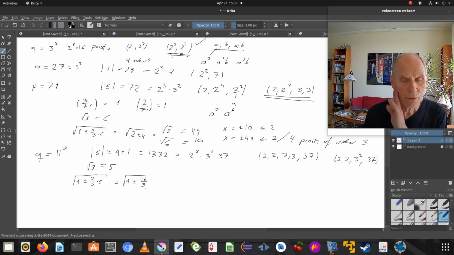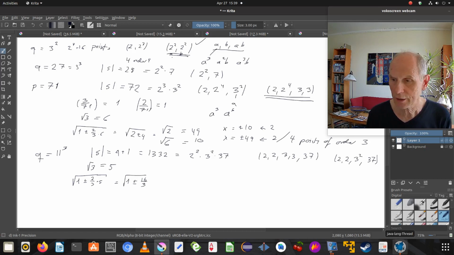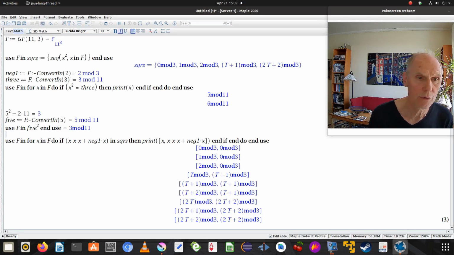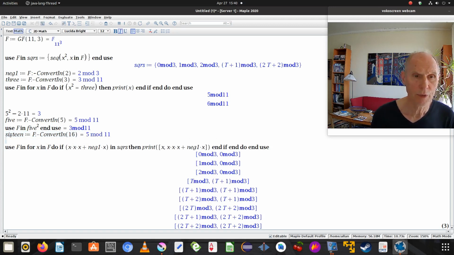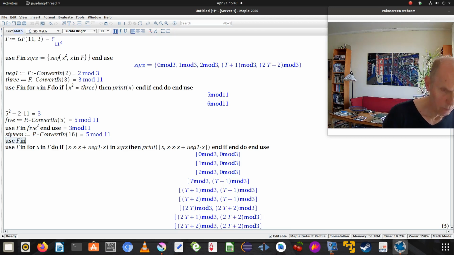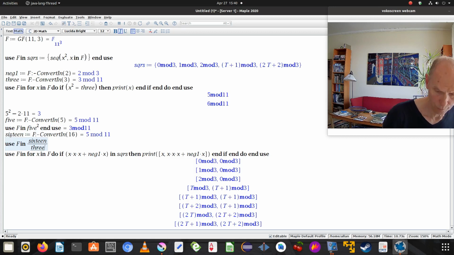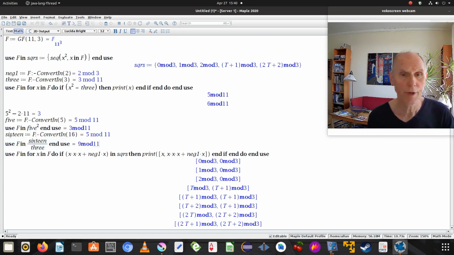Now dividing by 3, we have to do that. And we need to divide it by 3, as far as I remember. 9 mod 11.